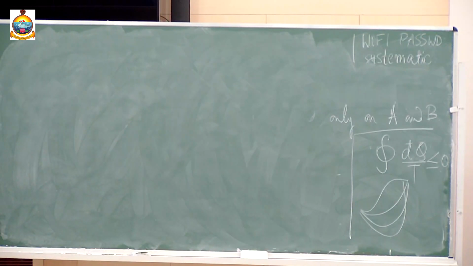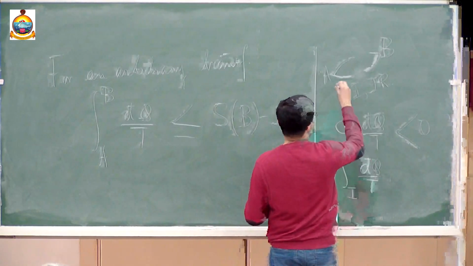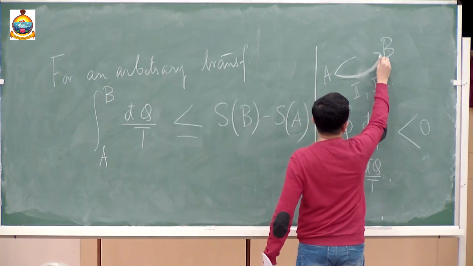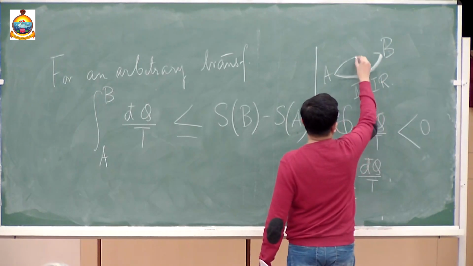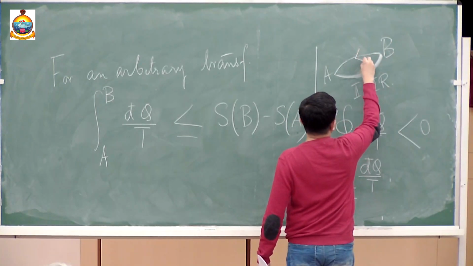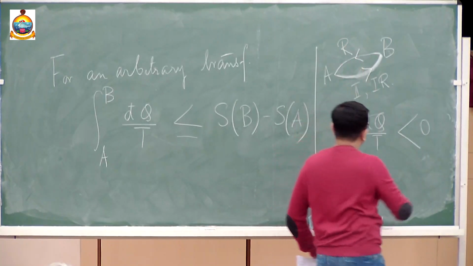Let me do it this way, just to conform to my notation. Let me go from A to B along this irreversible path and come back to A along this reversible path.